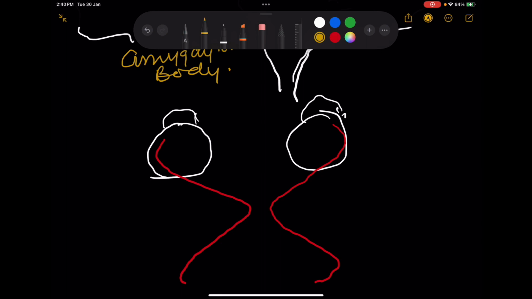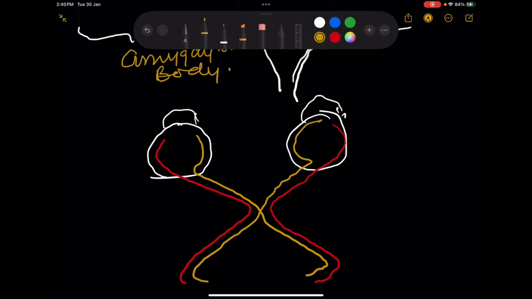And the nasal fibers will actually cross at the optic chiasma and will go into the optic tracts of the opposite side. So nasal will cross and the temporal will not cross.